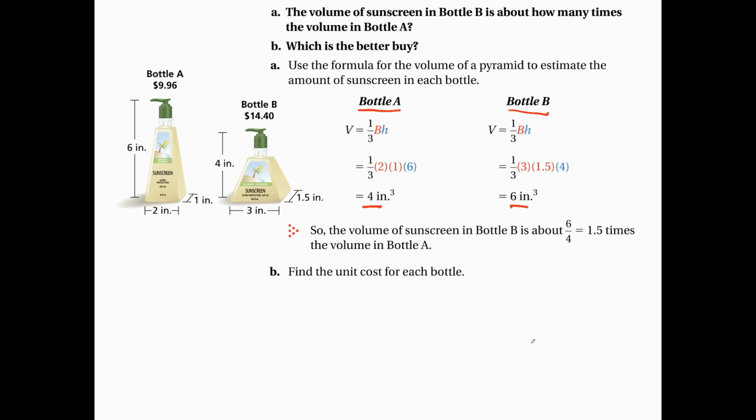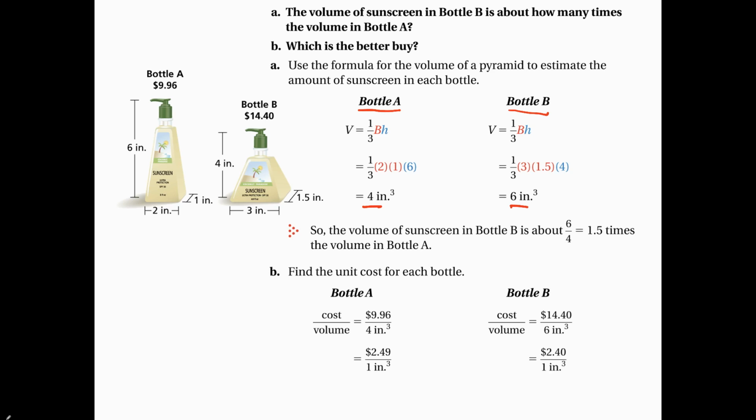All right. So let's find the unit cost for each bottle. So for bottle A, it's $9.96 for 4 cubic inches. So we can see that for 1 cubic inch, it's $2.49 because we converted the rate into a unit rate. For bottle B, it's $14.40 for 6 cubic inches.